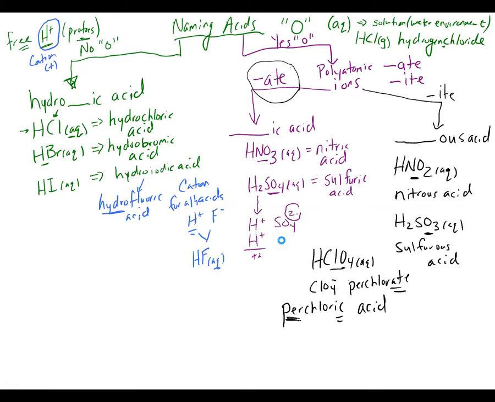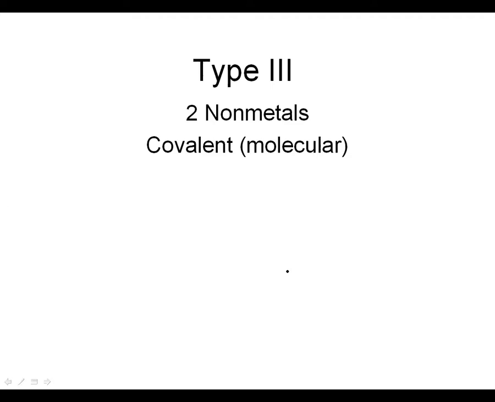Okay. All right, then that is naming acids. We're down to one last type of thing to name, and these are type 3 compounds. Type 3 compounds are different than type 1 and type 2. As it says up there, type 3 compounds are covalent molecules.